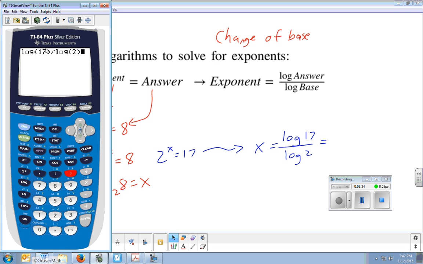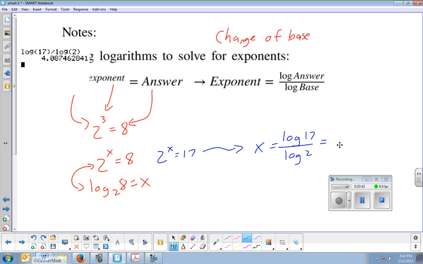If you don't close the parentheses before you divide, you're going to get something weird. And the answer is 4.087, pretty close to 4.1. These problems typically say things like round to the nearest tenth or hundredth. So to the nearest tenth, the answer would be approximately 4.1.